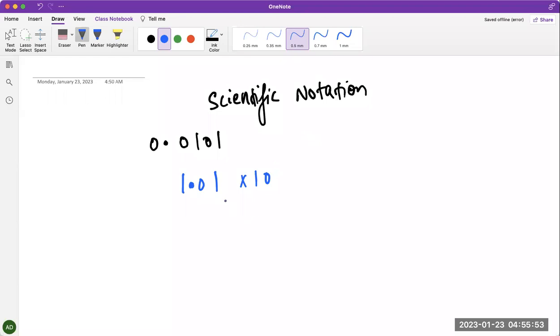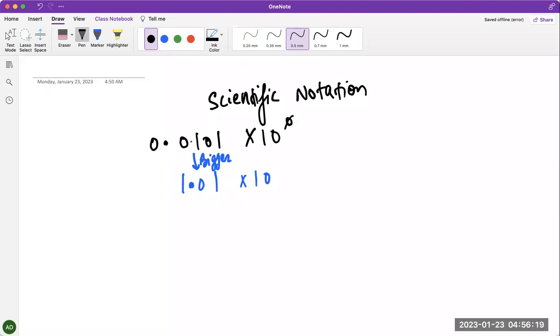You changed the number from 0.0101 to 1.01, so you have actually made this number bigger, right? When you do not have any exponent sitting here, then assume that you have 10 to the power 0. This will just help you figure out the answer.